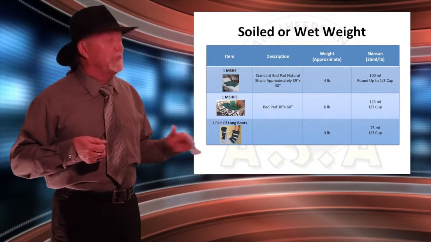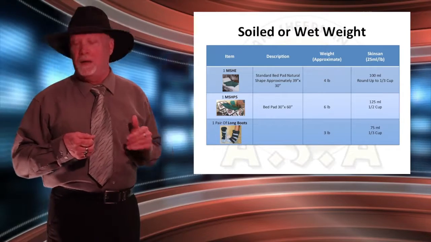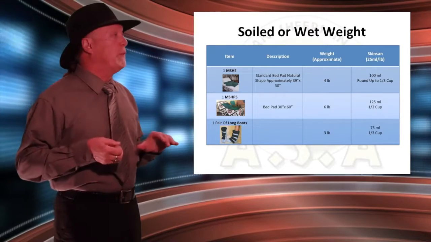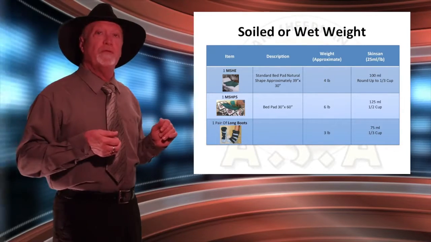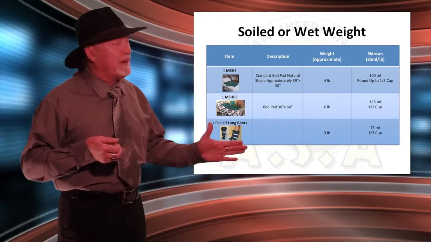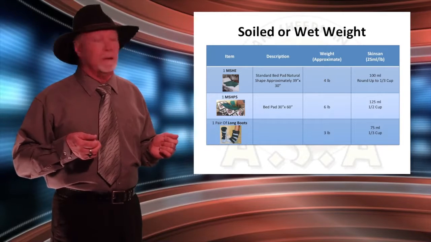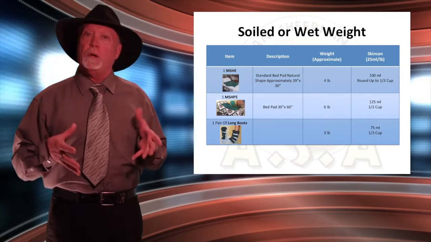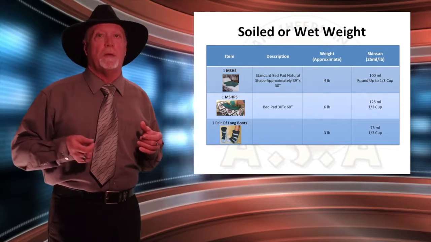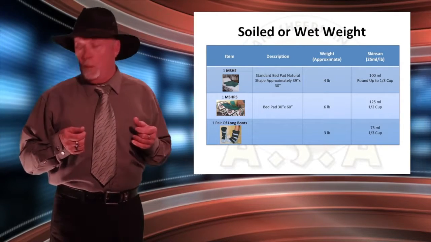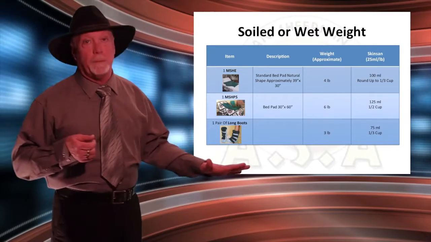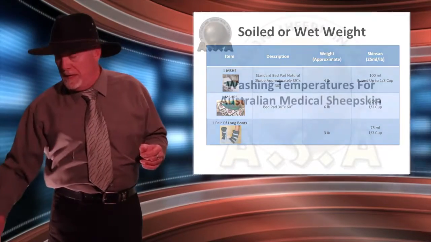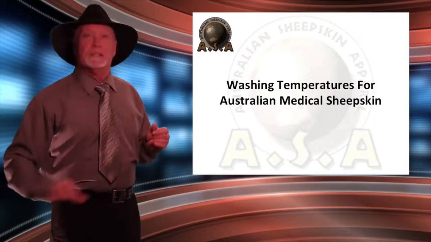The 30 by 60 or the 5 foot long pad would increase by 1 pound, which would bring it up to approximately 6 pounds, which would then constitute 125 ml or 1/2 a cup to launder the larger bed pad. With the boots being smaller the way they are, they would generally increase by around about 1/2 a pound of their weight, which would then mean you would need approximately 75 ml or 1/3 of a cup to launder the boots themselves.